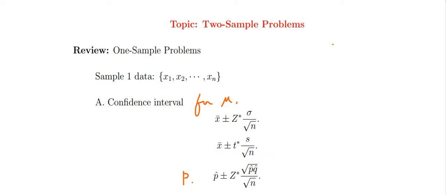This confidence interval for mu is like this: we know x bar, the sample mean, then we believe the population's average will be in this range, right?